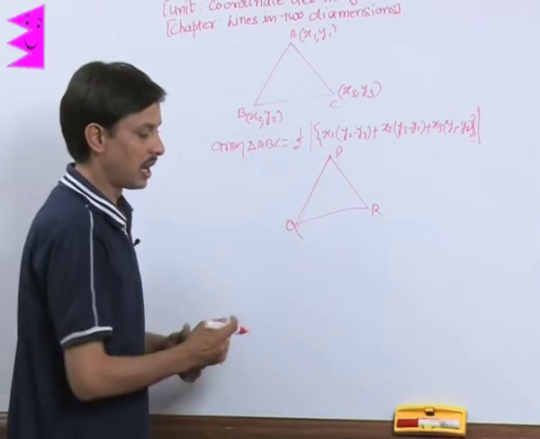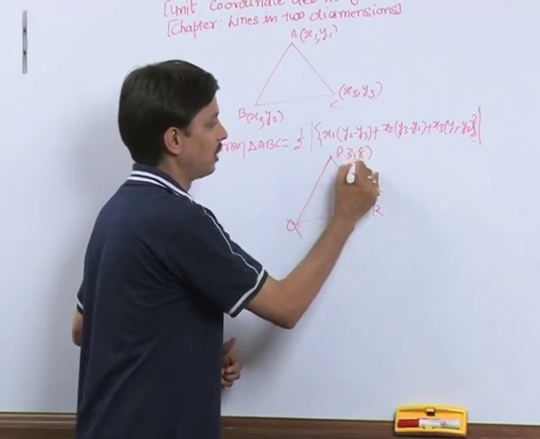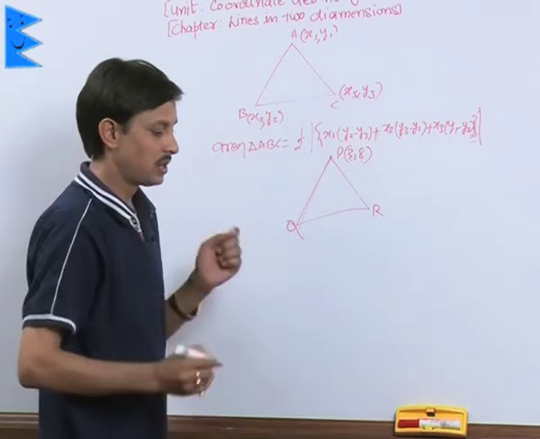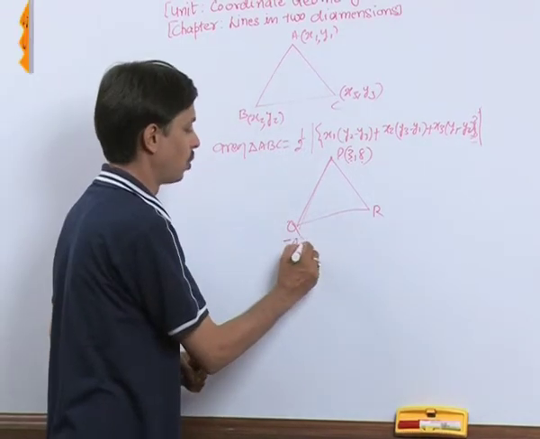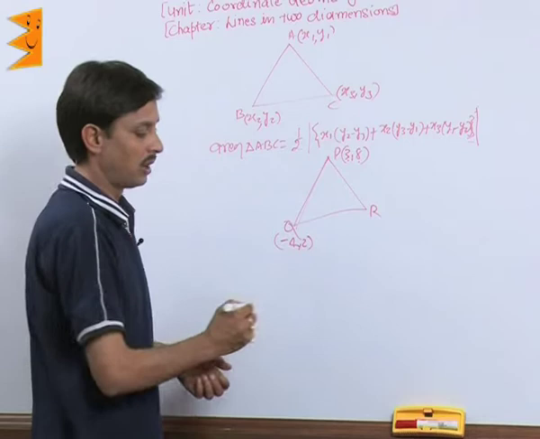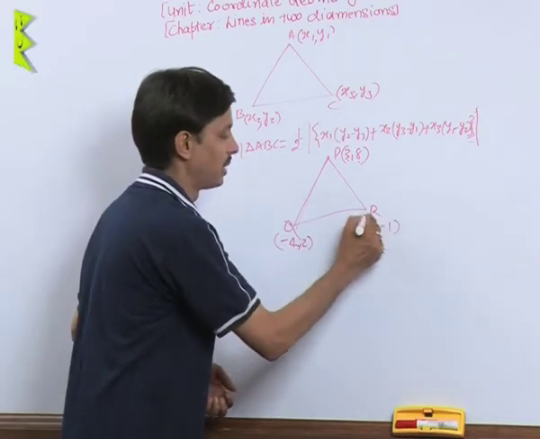its vertices are 3, 8, that is x1, y1, the second vertex minus 4, 2, that is x2, y2, and the third vertex 5, minus 1.